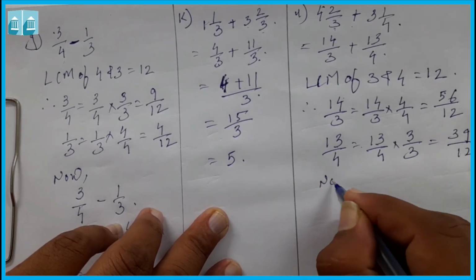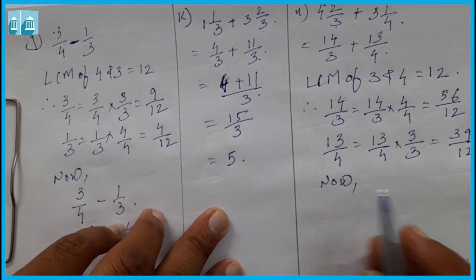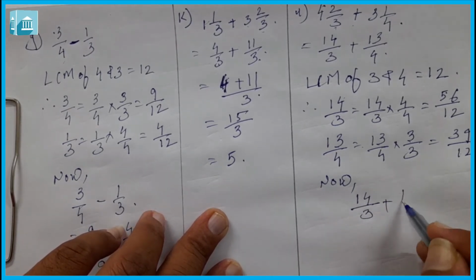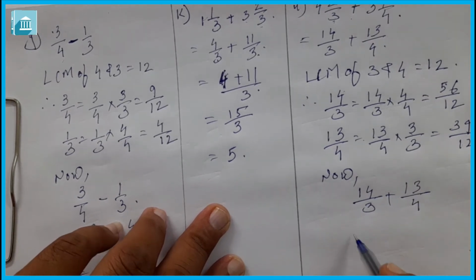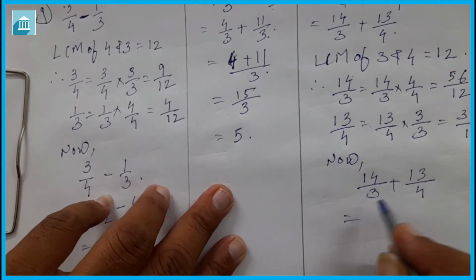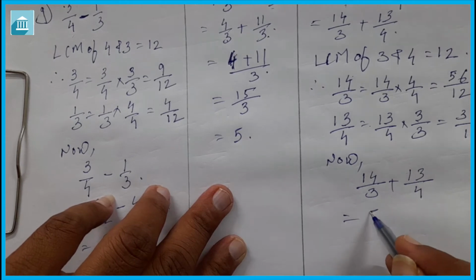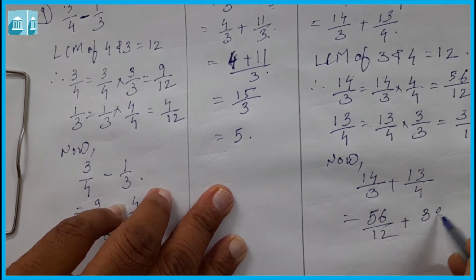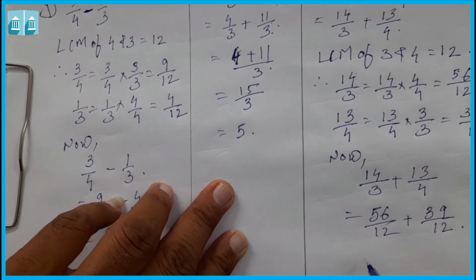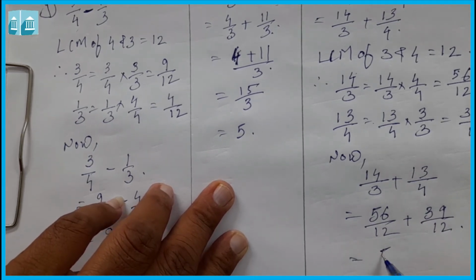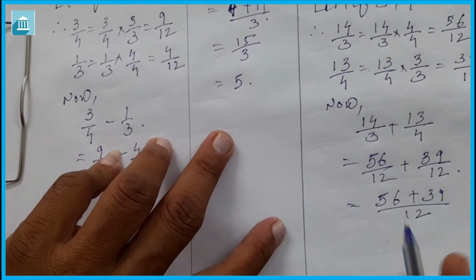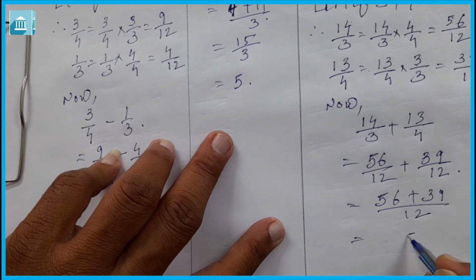So now we can write 14 by 3 plus 13 by 4, which is equal to 56 upon 12 plus 39 upon 12, which is equal to 56 plus 39 upon 12, which will be equal to 6 plus 9, that is 5.